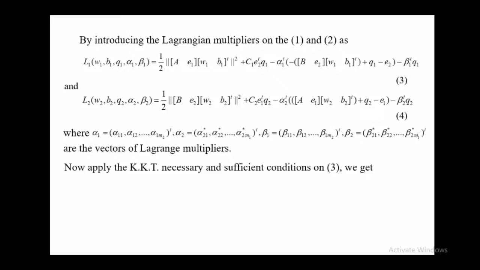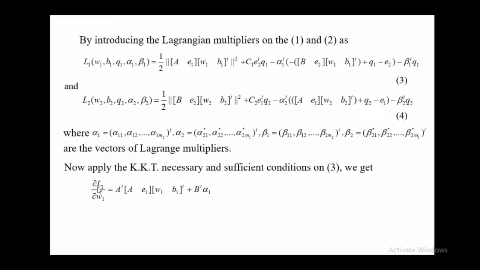So first we'll take the derivative, and obviously these are the variables: W1, B1, Q1. Obviously alpha 1, alpha 2 are the Lagrangian multipliers, so these are the unknowns. First we'll take the derivative with respect to W1.